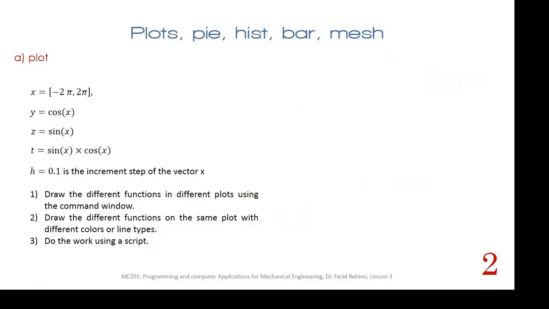So, second point, I want to draw the different functions in the same plot. Sometimes you need to draw all your functions on the same plot. You want to make a comparison, you want to calculate the intersection of two functions, the equilibrium point, for example, between two functions, or in engineering economy sometimes, the supply and demand of the market. The intersection of supply and demand is a point defining the equilibrium of the market.